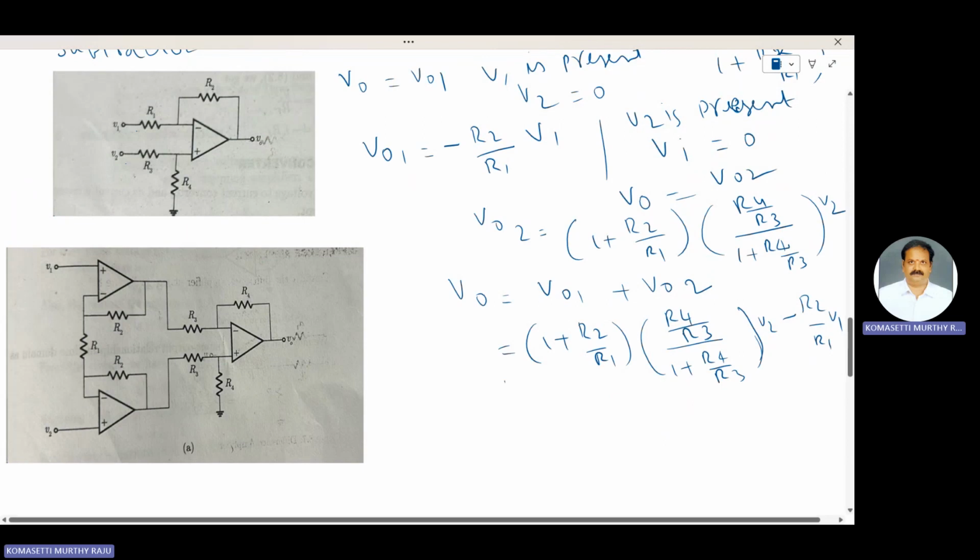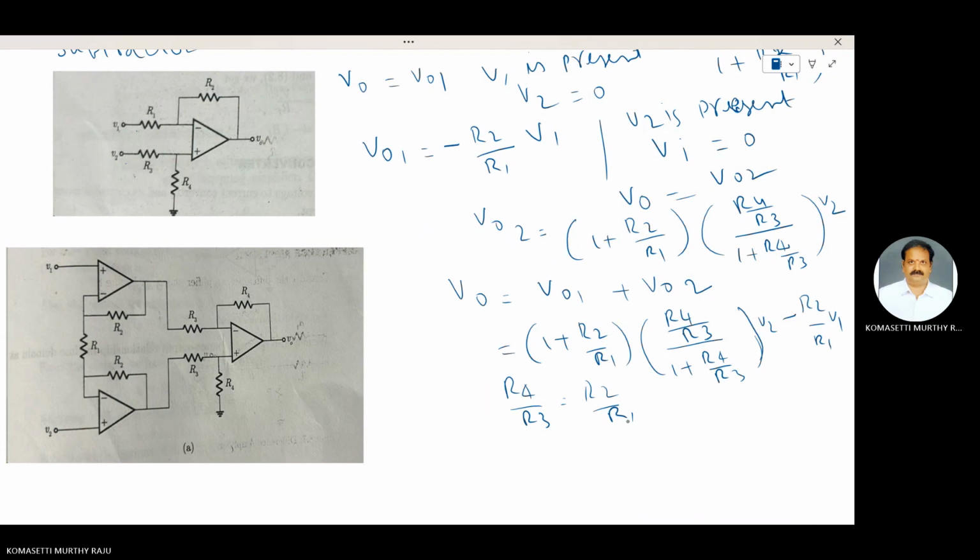Suppose R4 by R3 is equal to R2 by R1. In that case, V0 is equal to 1 plus R2 by R1, R4 by R3 is R2 by R1, by 1 plus R4 by R3 is R2 by R1.